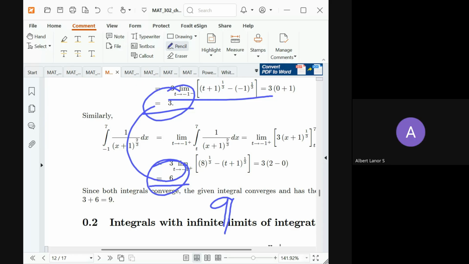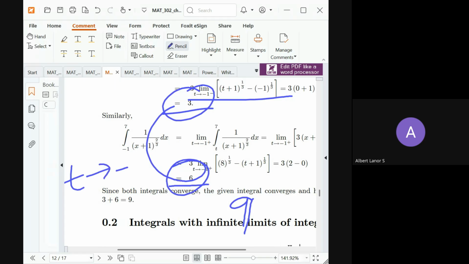No, the left and right limit is just to guide you that it's not a complete limit, but just a one-sided limit. So if you see t going to -1, it tells you that it's from both sides. But when you see a minus on it, it tells you that the value should be less than -1. So you don't substitute the minus into it, it's just to guide you that it's a one-sided limit. Okay, thank you.